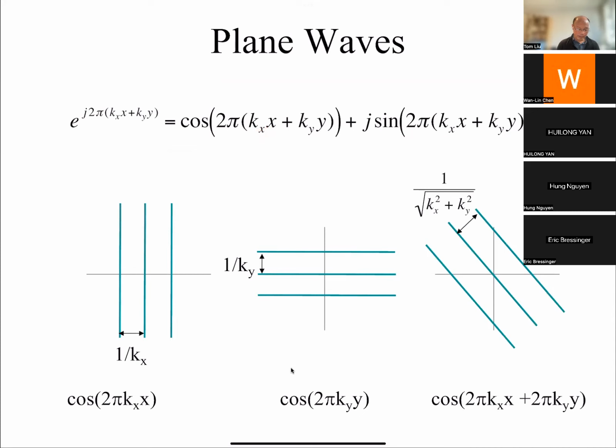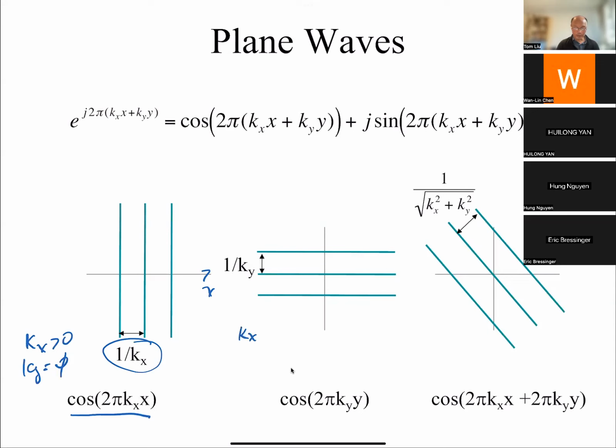In this case, kx is greater than 0, and we're assuming ky is equal to 0. ky equals 0 means the frequency in the y direction is 0, so there's no variation in the y direction. All we have is the function cosine 2 pi kx x, so this only varies as we move along in the x direction with a wavelength 1 over kx.